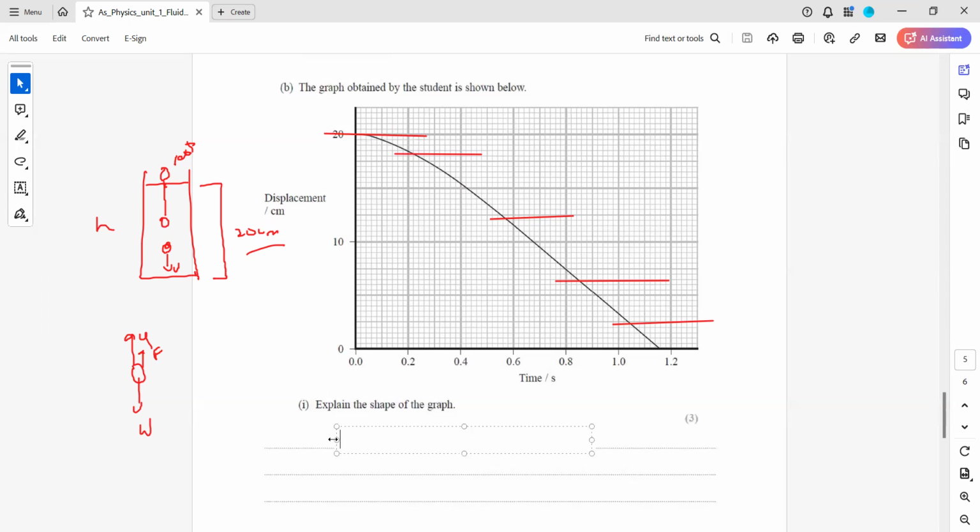For the displacement time graph, the slope represents velocity. Don't say speed because it's a displacement time graph. If it was a distance time graph, we'd say speed.